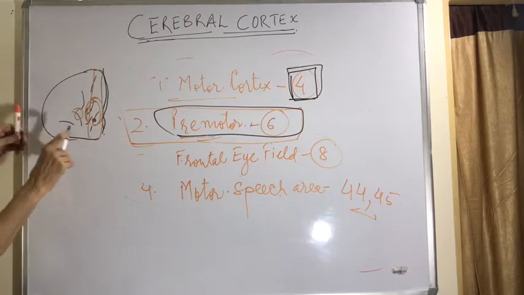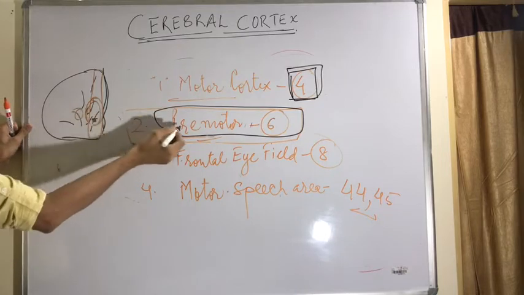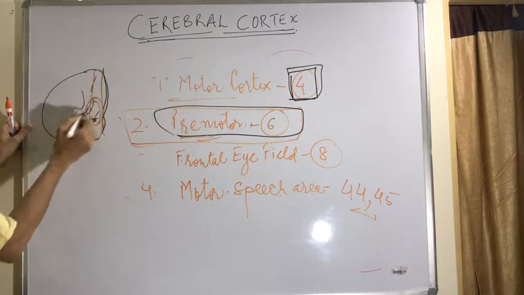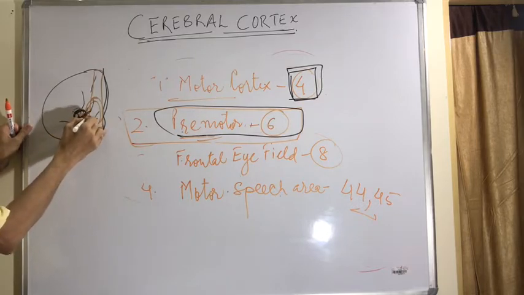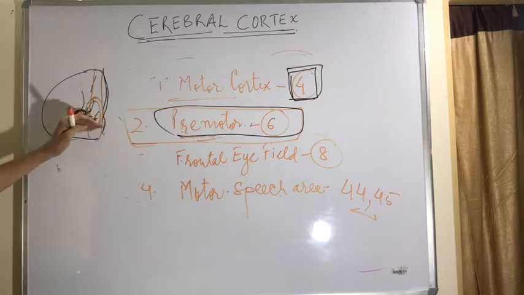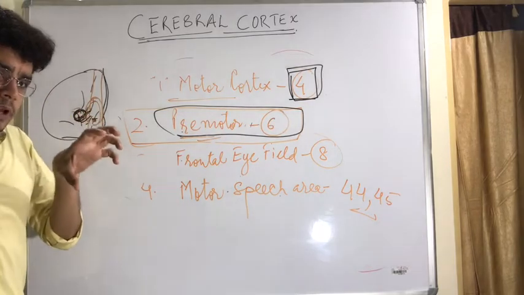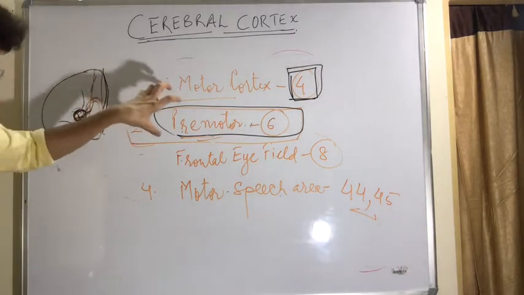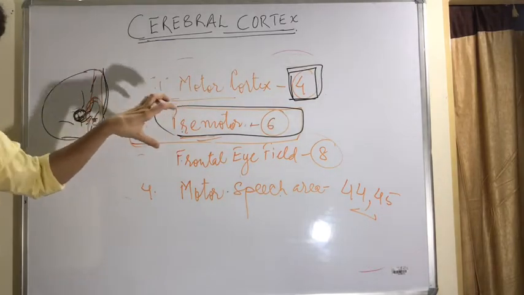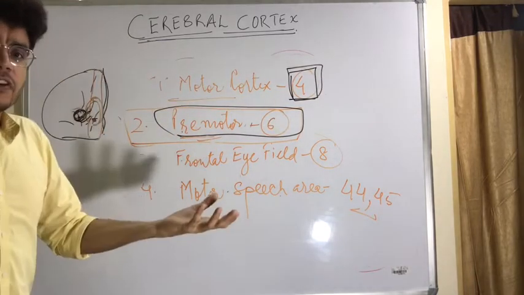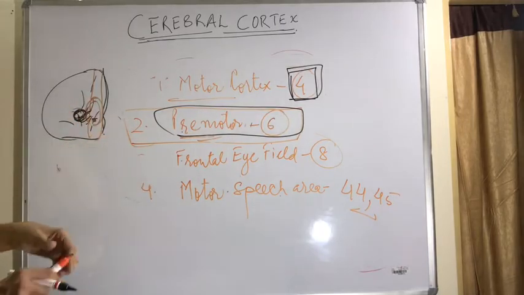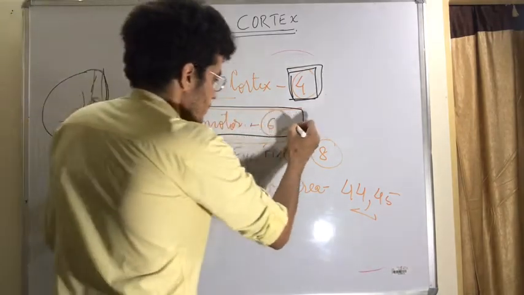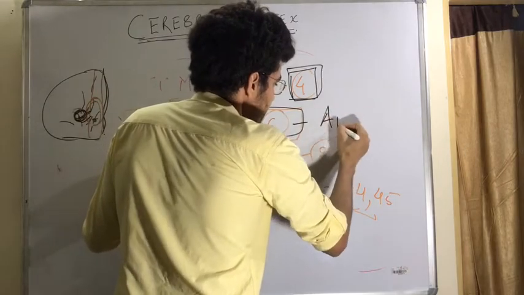In the second scenario, the premotor is lying in front of the primary motor, this area, and out of the premotor only this much area is involved. So depending on how much involvement of the premotor cortex occurs, there will be a deficiency or symptomatic representation in that person, and that symptom is called apraxia.